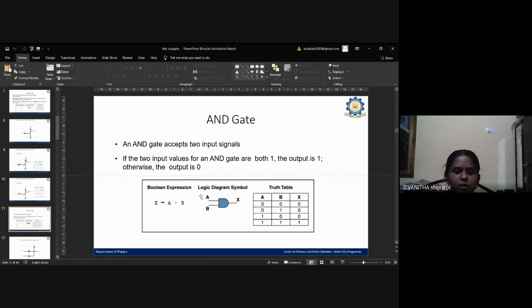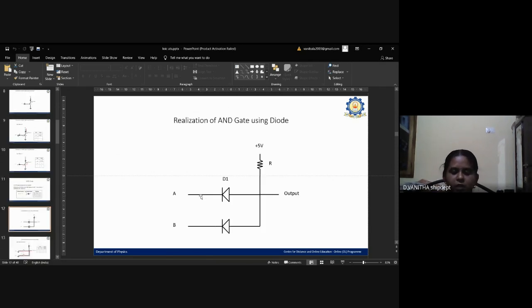Next, we can realize that AND gate by using diodes. Here we are using two diodes.